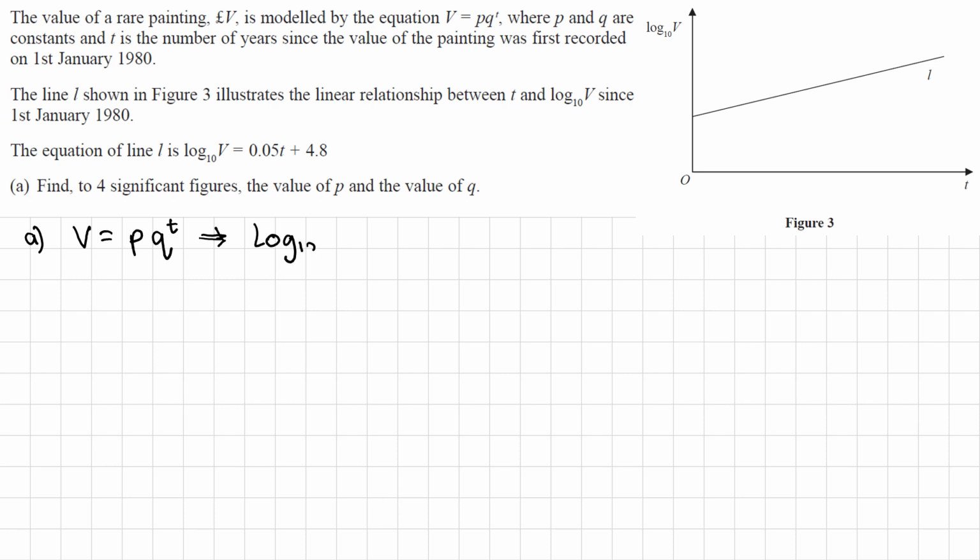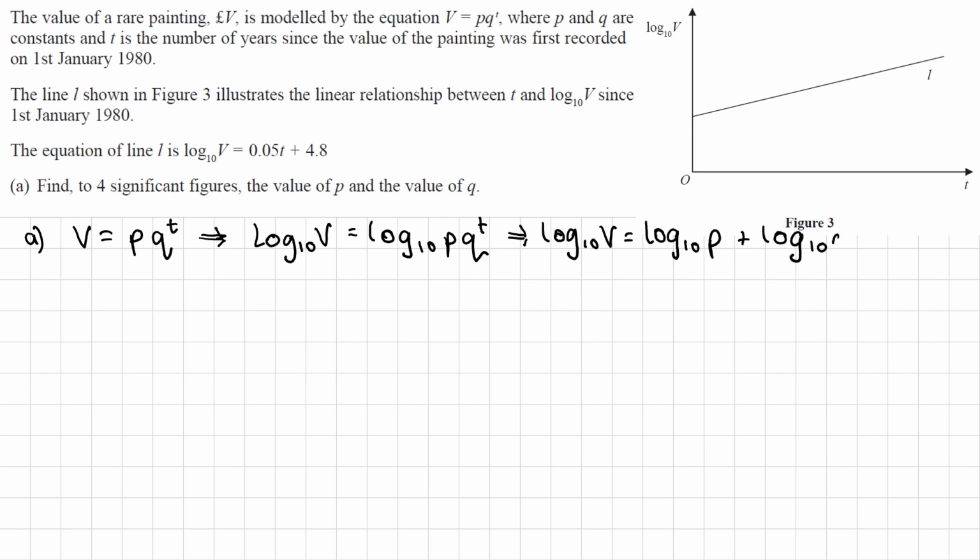So log to the base 10 V is equal to log to the base 10 of PQ to the power T. We can use the rules of logs to make this multiplication an addition. So we'll have log to the base 10 V is equal to log to the base 10 p, that's a lowercase p, plus log to the base 10 of Q to the power T. We can use another rule of logs which allows us to bring this power to the front.